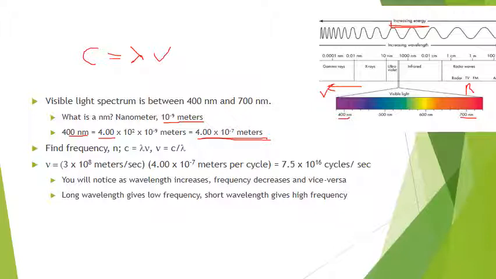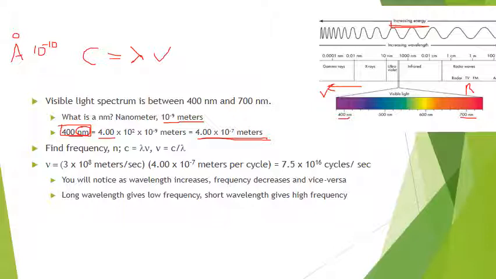When you do studies on spectrums, you usually use nanometers. Now, there's another unit called the angstrom, which is 10 to the minus 10th meters, but we hardly use that anymore.